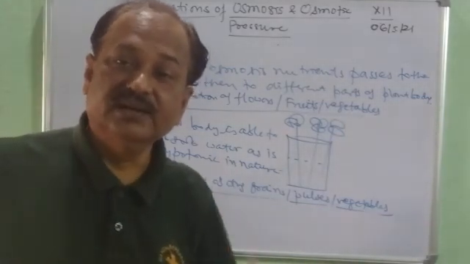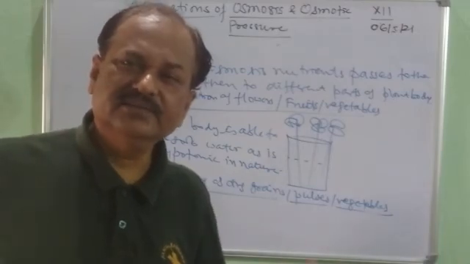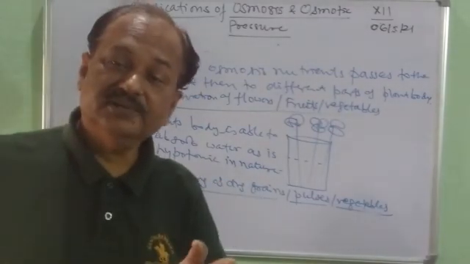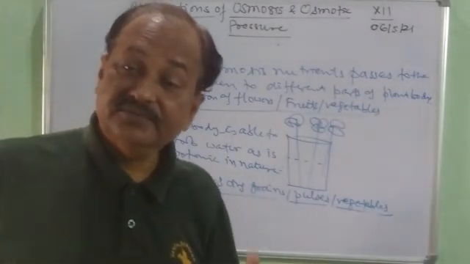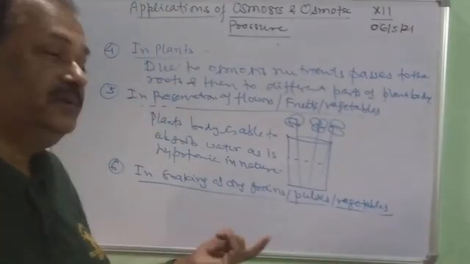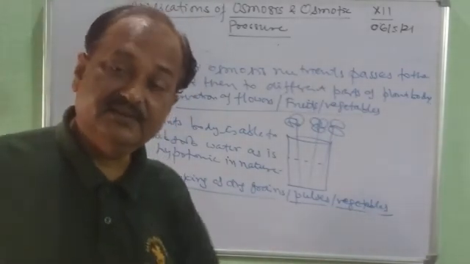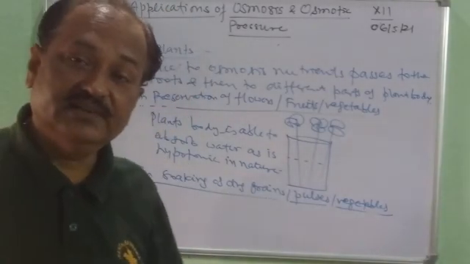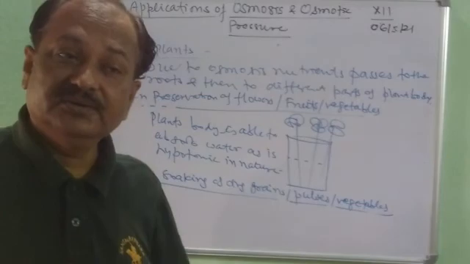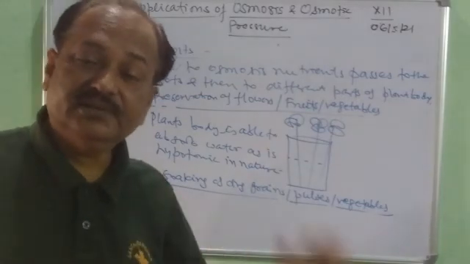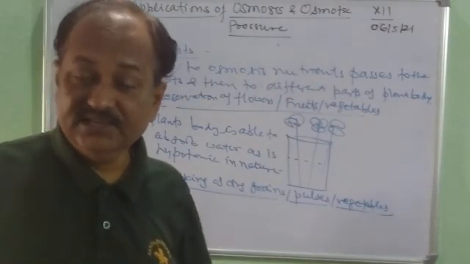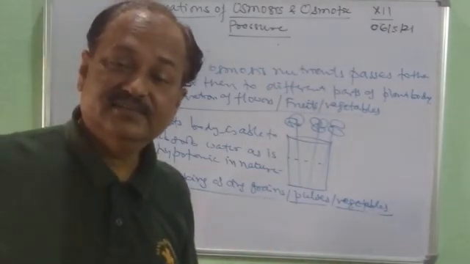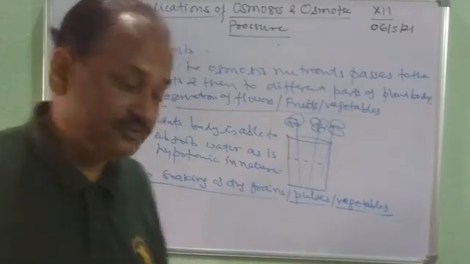Suppose we use gram or black gram or any cereal. It is soaked in water and they absorb water and become fresh. So it is also based on osmosis. Because inside the grains, cereals, pulses, the water is in very minimum quantity, but the concentration of electrolyte is very high, and as a result they become fleshy, they become fresh for our use.